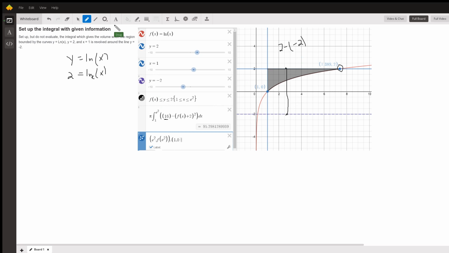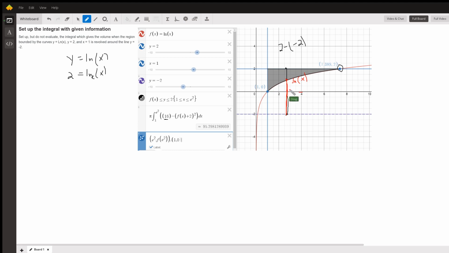Now the inner radius is this distance right here for a typical rectangle. And the y coordinate of this point is f of x, or the log of x. Whatever the x coordinate is as we integrate along this interval from 1 to e squared, the y coordinate is the log of x.